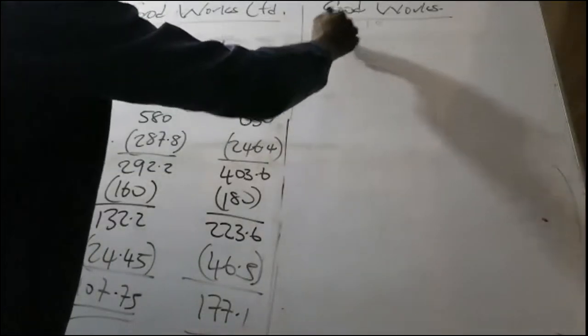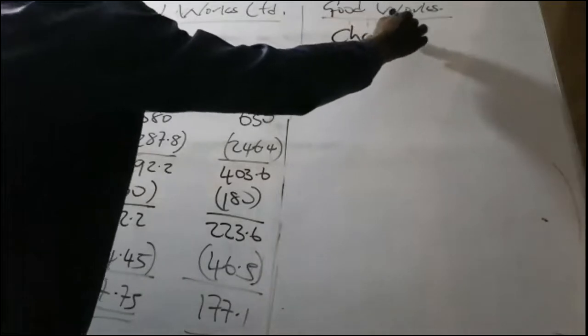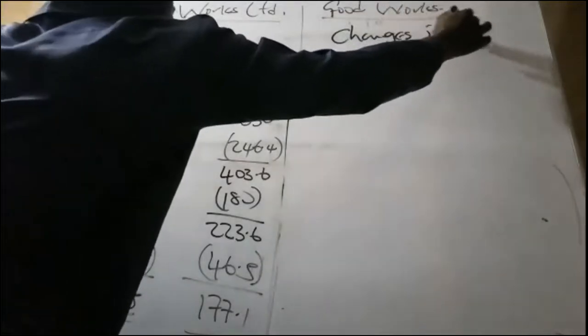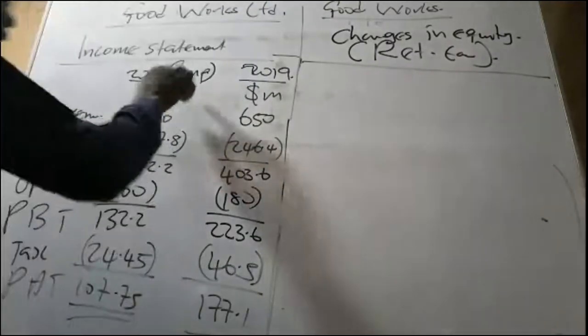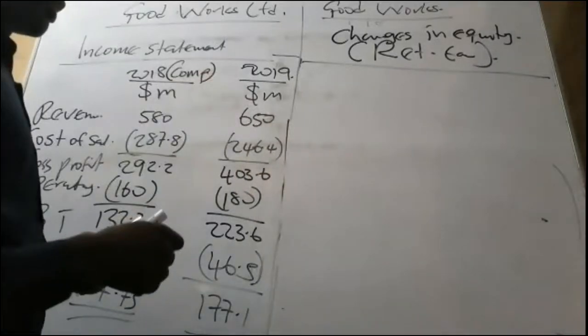So this one is changes in equity, into bracket retained earnings column only. Okay. Here too, I want current year. How we have arranged this, let's do the same thing there.